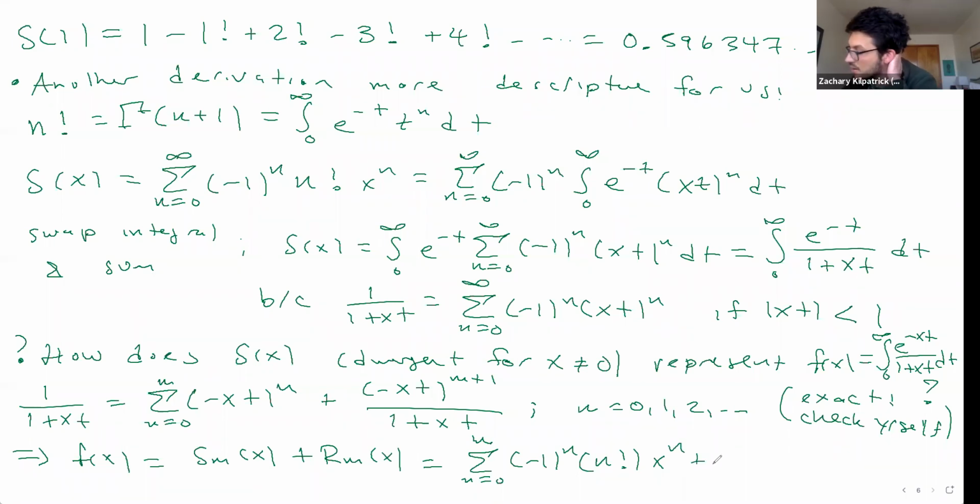And our remainder is going to be minus x to the m plus 1, integral from 0 up to infinity, e to the minus t, t to the m plus 1 divided by 1 plus xt dt.